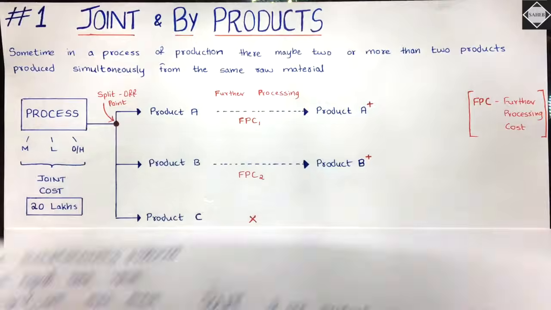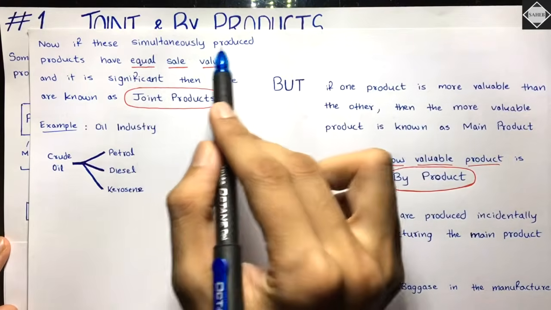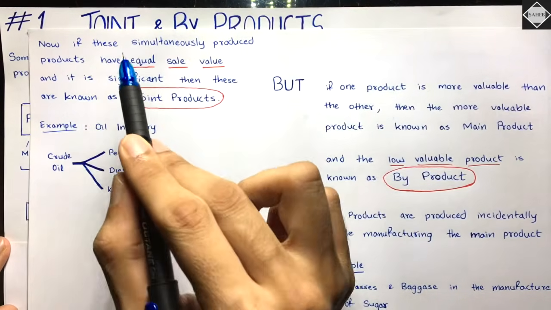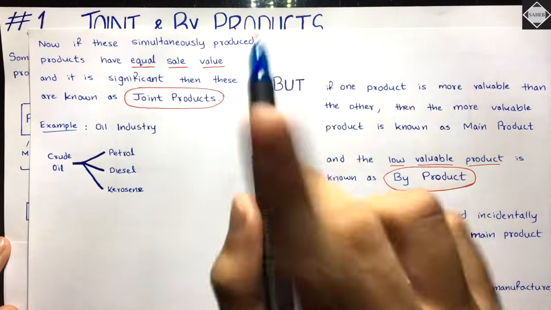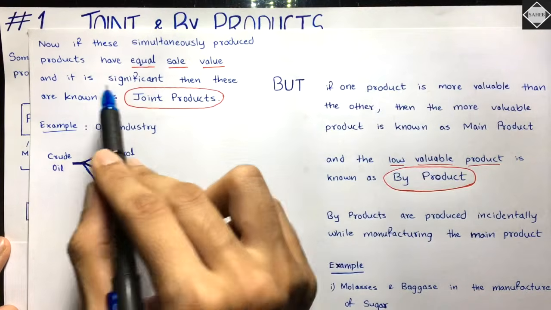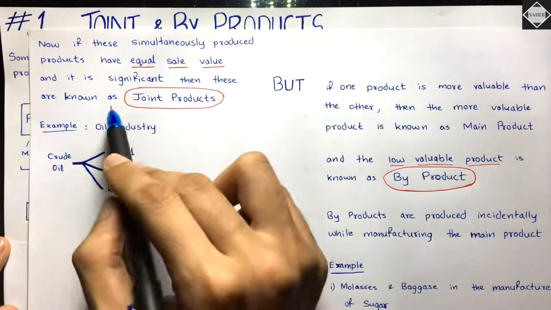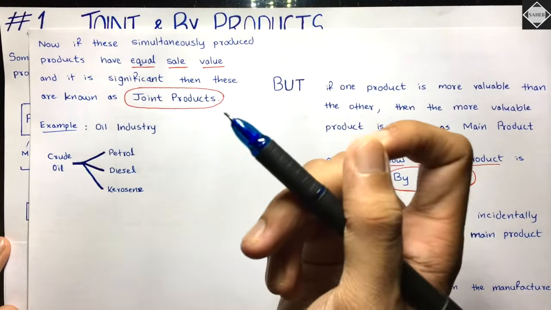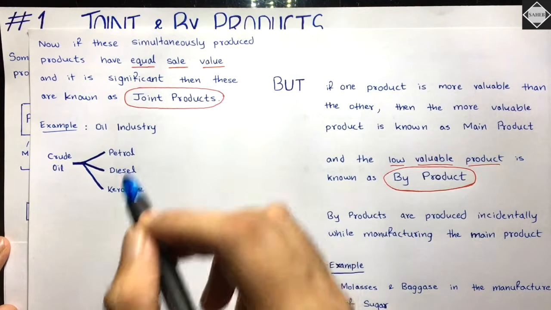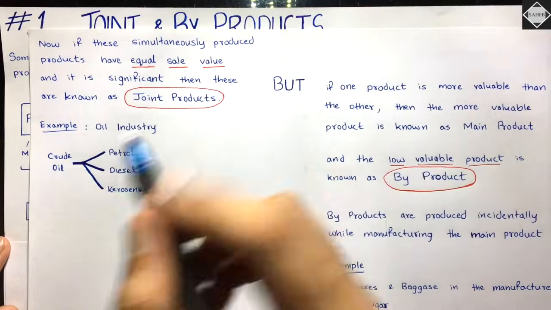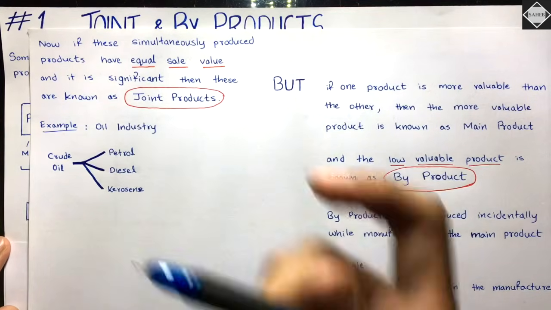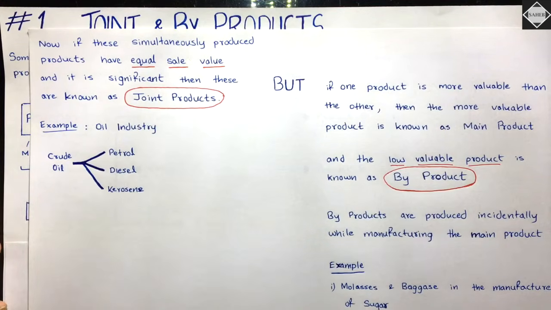Understand this. If these simultaneously produced products have almost equal sales value, and it is significant, then these are known as joint products. For example, the oil industry. The raw material is one, crude oil, and the process is also one, fractional distillation or whatever you call it.